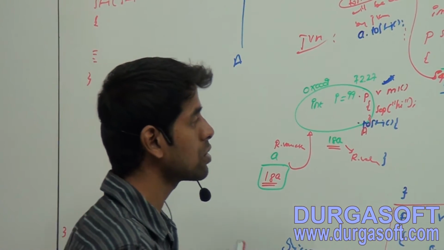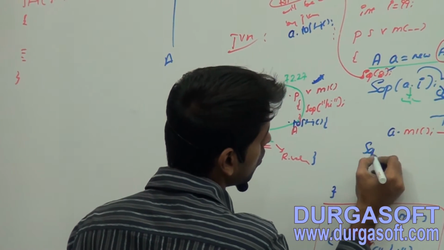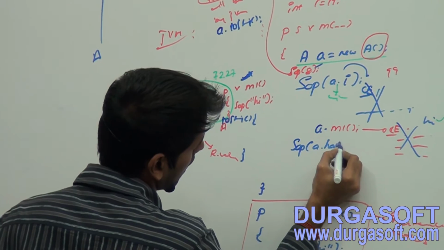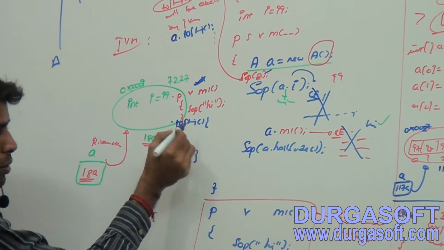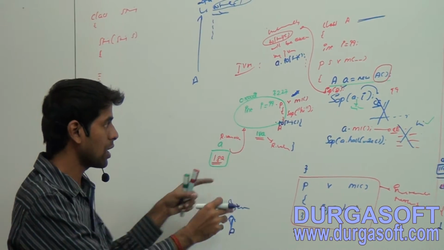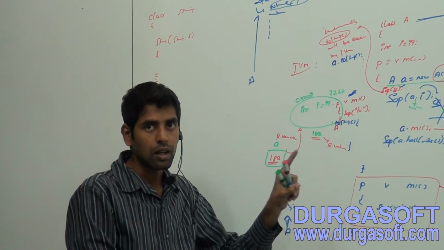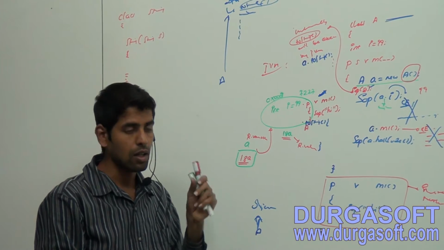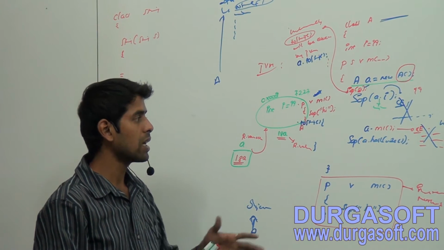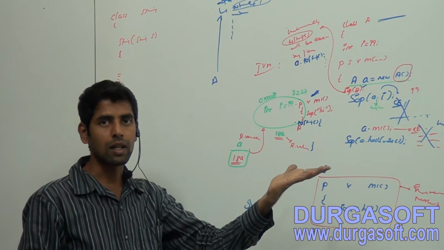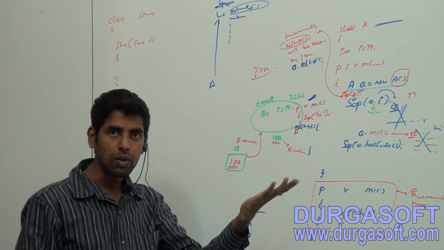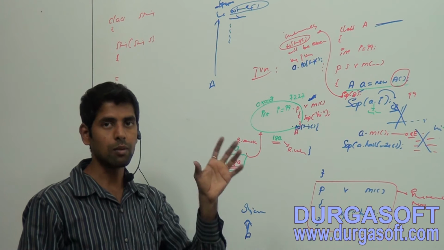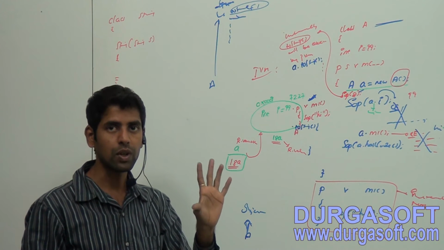If you have doubts, put SOP of a.hashCode, it will execute perfectly, but I don't have space here to write all of those things. Through inheritance you will get even the hashCode method, clone method, equals method, wait method, notifyAll method, getClass, many methods.